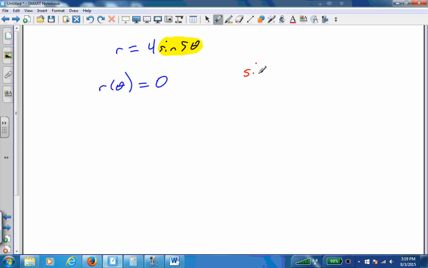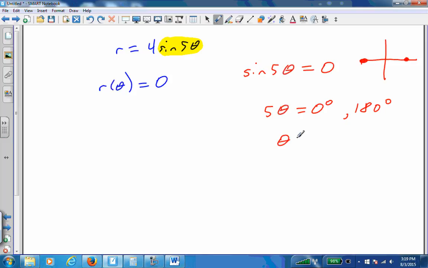So in order for that to be 0, if we think about the unit circle, sine is 0 here and sine is 0 here. So one answer would be whatever makes that 0. Another one is whatever makes that 180. So if we divide 0 by 5, we get 0.